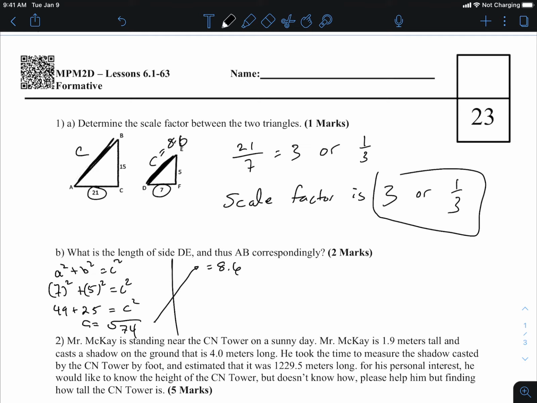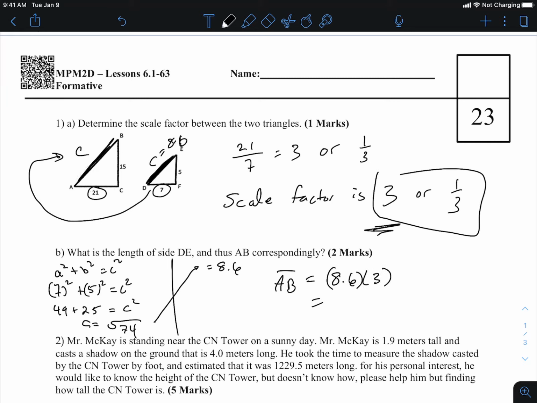How do I get from the small triangle to the big one? Times it by 3, because we said the scale factor was 3. Is that okay? So that's side length AB. I think this is the faster way to do it. Let's just go AB is equal to 8.6 times 3.